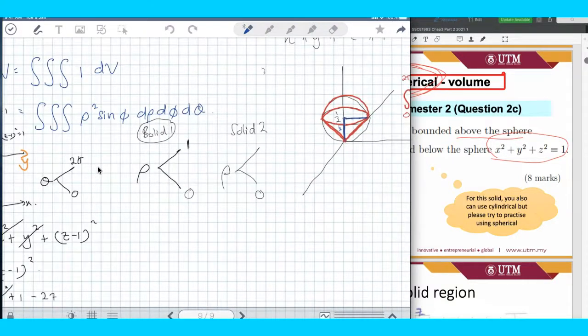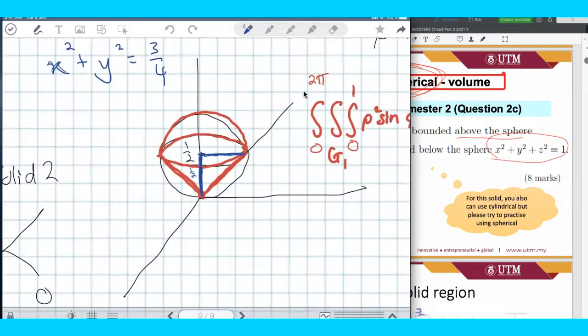From the intersection curve between the two surfaces we gave you just now, we have evaluated that x squared plus y squared equals 3 over 4. So this is the radius of the circle, right? So the length of that is square root of 3 over 4.